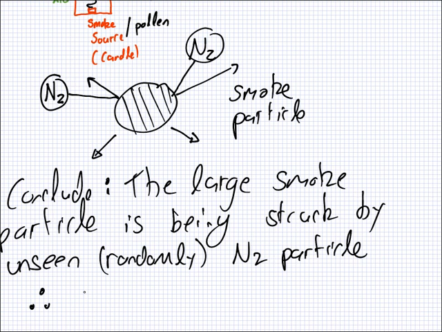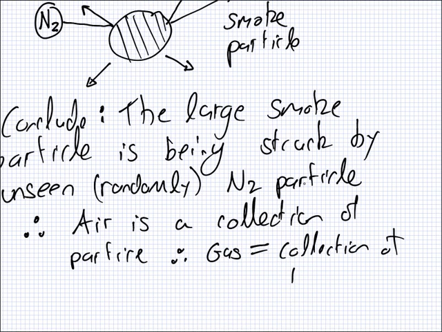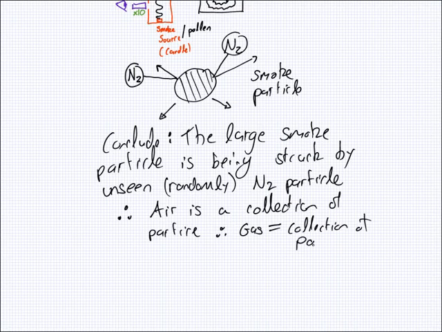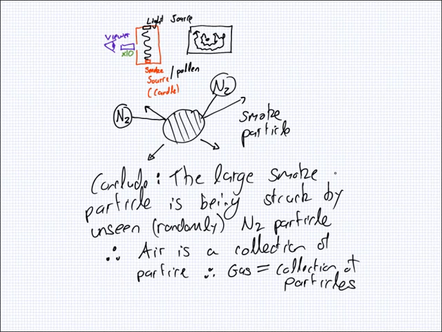Therefore, air is a collection of particles. And of course you can put different gases inside. You could put helium or hydrogen or whatever, and you get the same result. So in other words, therefore, gas is a collection of particles.